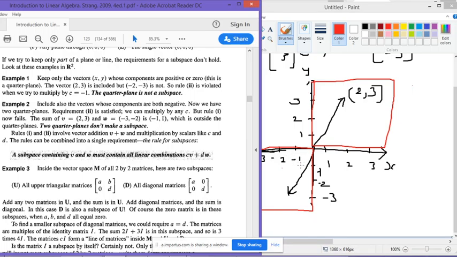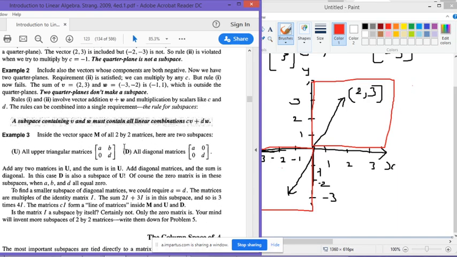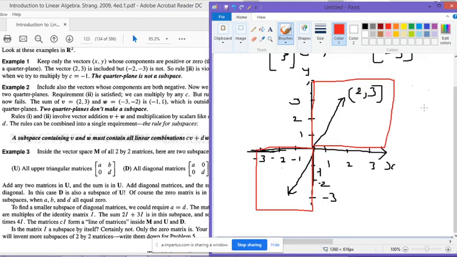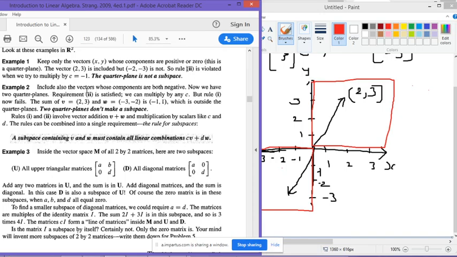Then the resultant vector is fine, and we can say it falls in the same space. So now we have the two quarter planes. We can multiply by C, but rule 1 fails.